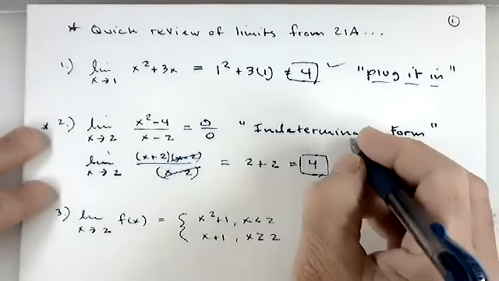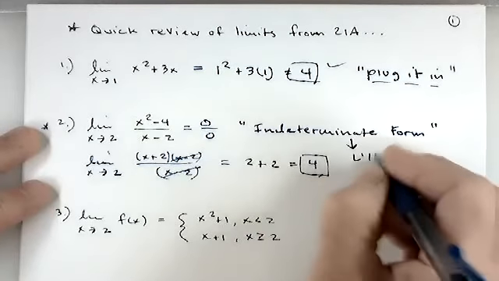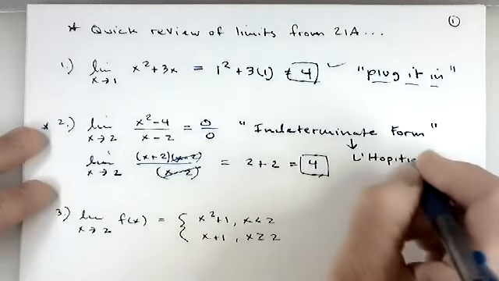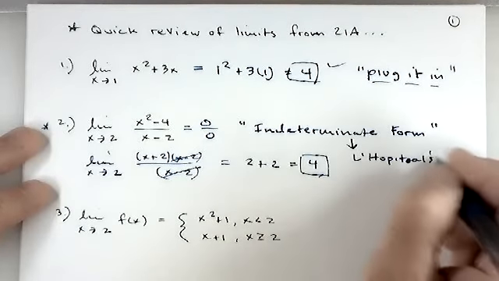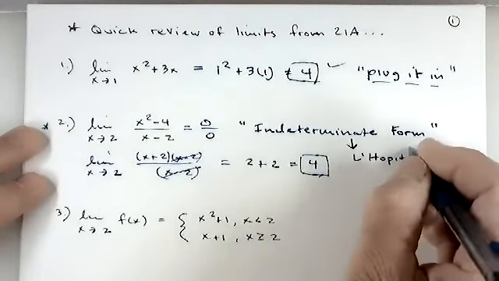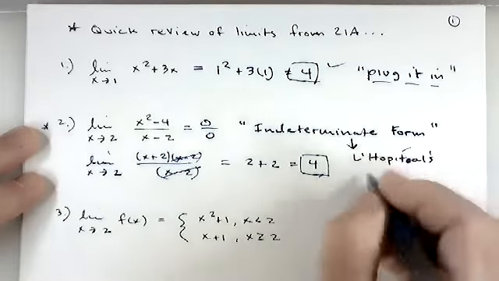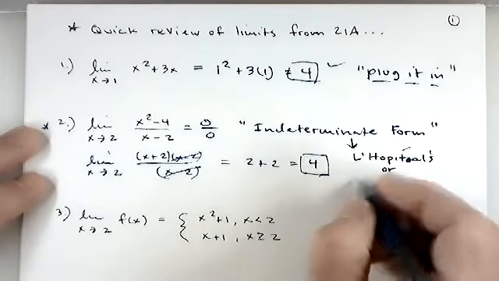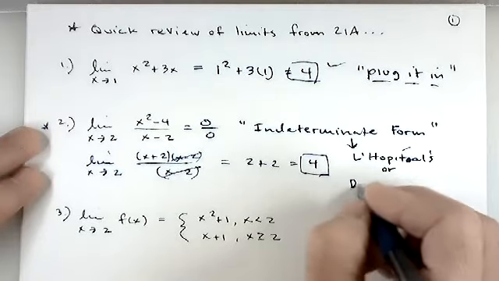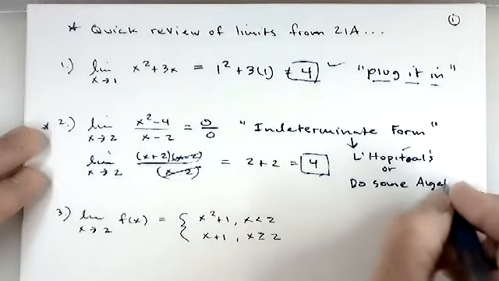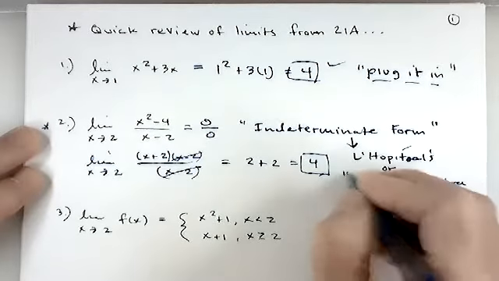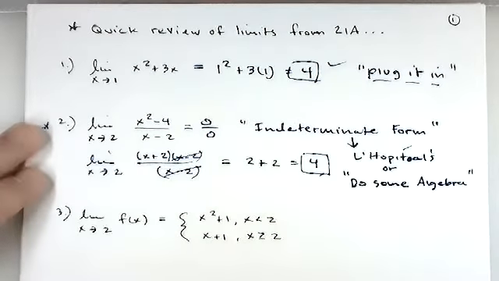So I'll acknowledge that usually L'Hopital's rule is a possibility, but in this case, we're not going to be able to use it. So I'll put: or do some algebra is what I always tell my 21a students. Do some simplifying.